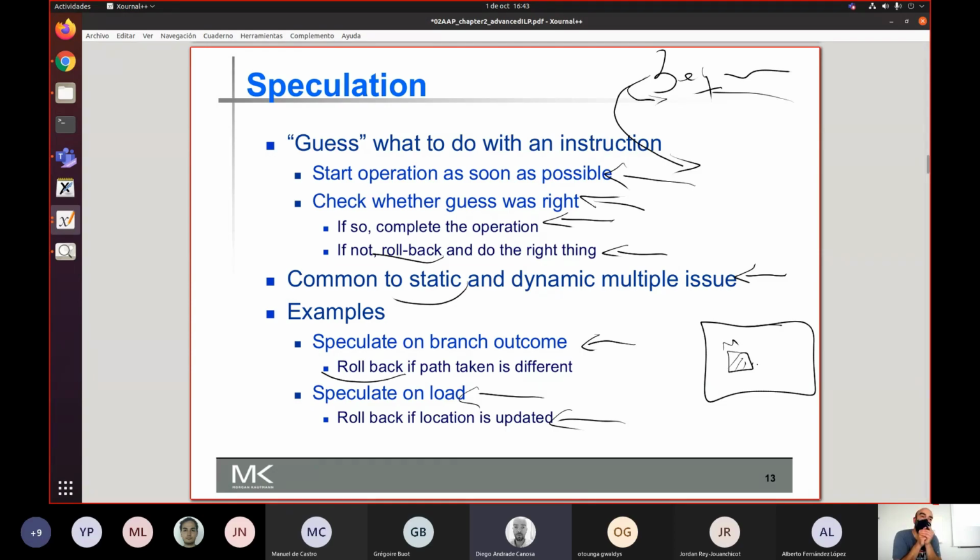You have loads and stores everywhere because they are moving information from or to the memory system. So if you want to make a load operation safely, you have to wait until all the previous store instructions are completed. Because if not, there is not an easy way to know if any of them are going to update that position, okay?